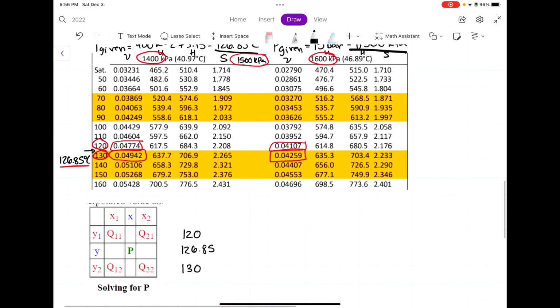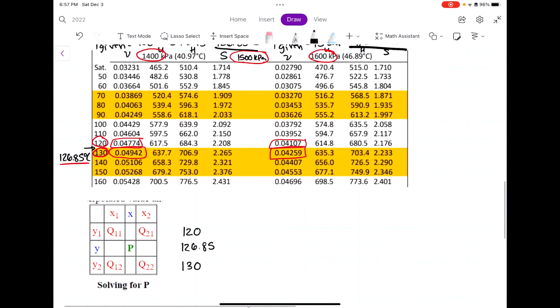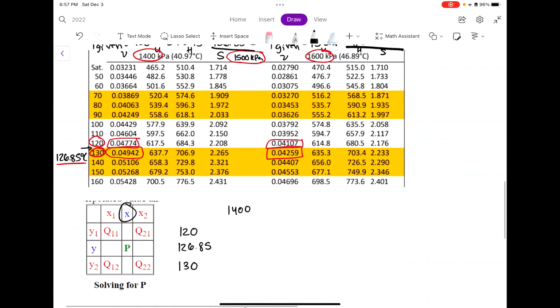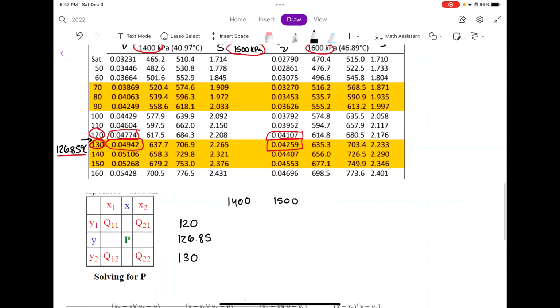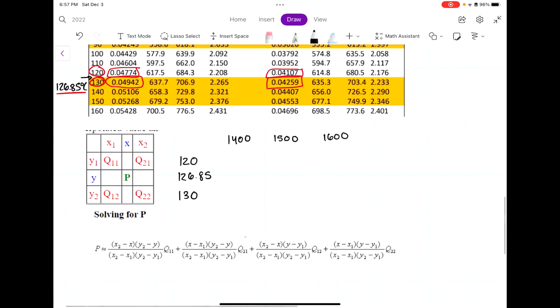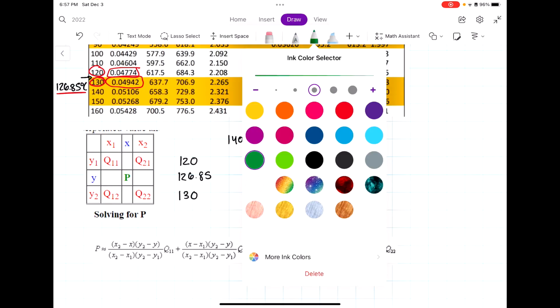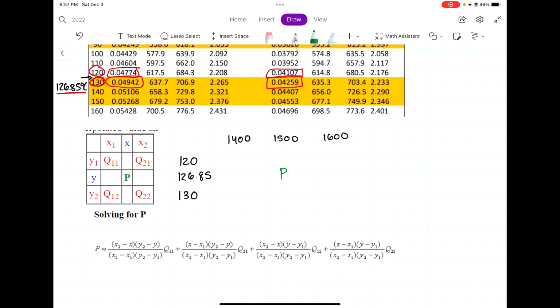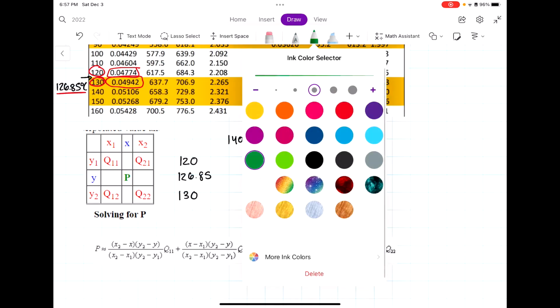And then for my pressure, my lower bound is 1400, so that's my x1. My x is going to be 1500, and then my x2 is 1600. Great. So essentially, I'm looking for P. In order to find P, I still need all the other values that surround it.